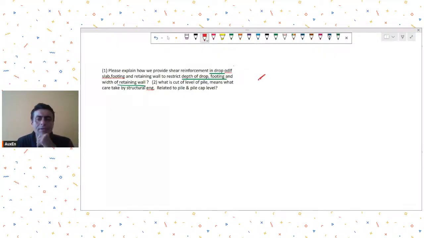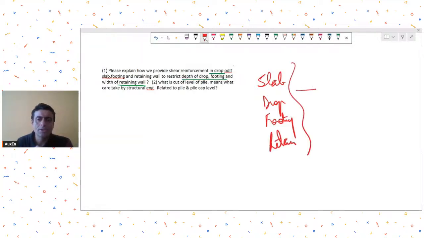See, in slabs or drop panels in your flat slabs or footings or retaining walls, the basic principle in these structures is that we try to resist the shear by concrete alone. That is the basic philosophy we use.